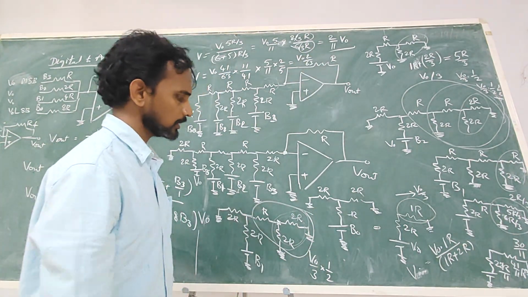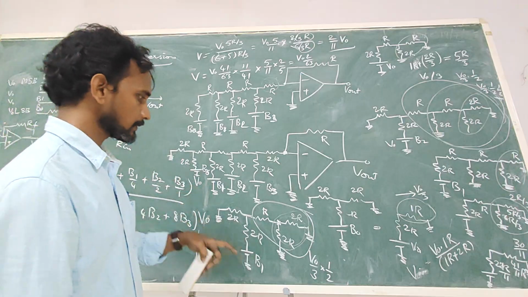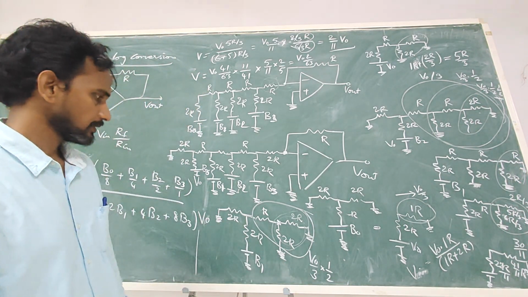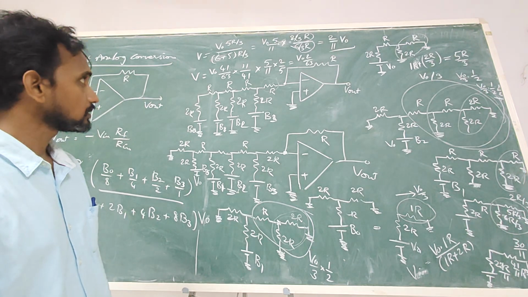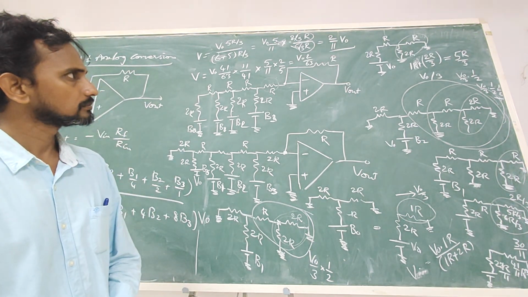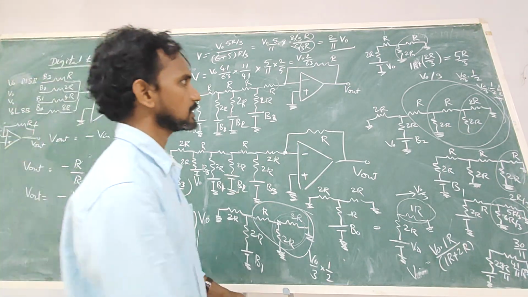What is the expected one? V naught by 12. This is the expected.